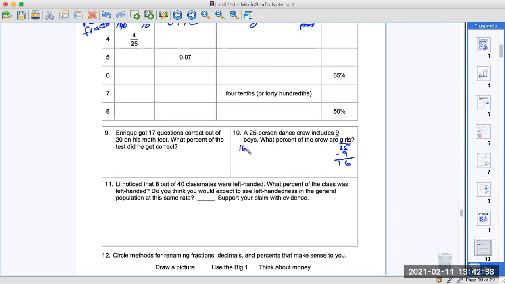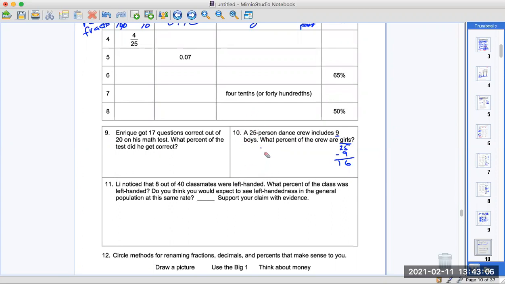So you go 16 minus 9 is 7. So you take 7 out of the total, which is 7 divided by 25. No, that doesn't work right either. Okay, that won't work. Oh, gosh, I'm having a mental block.